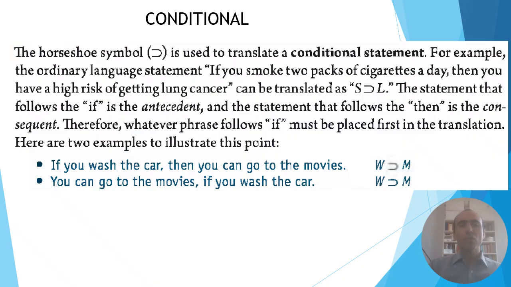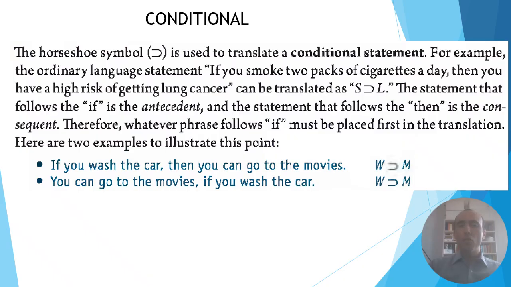Here are two examples to illustrate this point. If you wash the car, then you can go to the movies. W stands for you wash the car. That is the antecedent. M stands for you can go to the movies. That is the consequent. Now, let's express this sentence in another order. You can go to the movies if you wash the car.